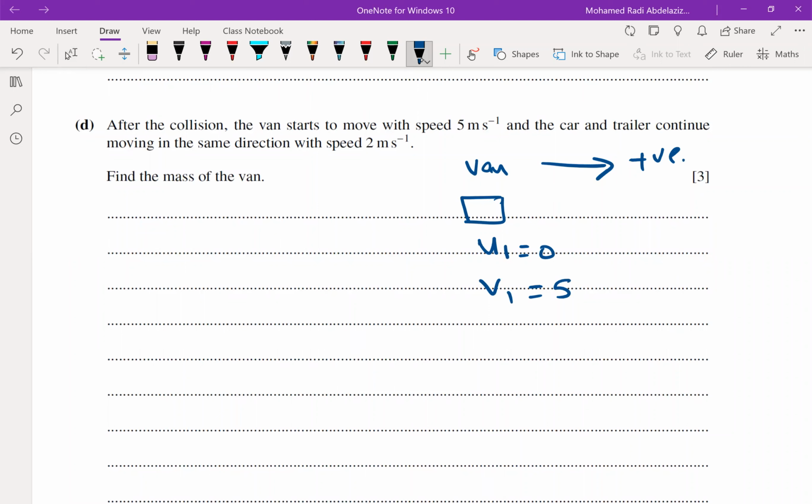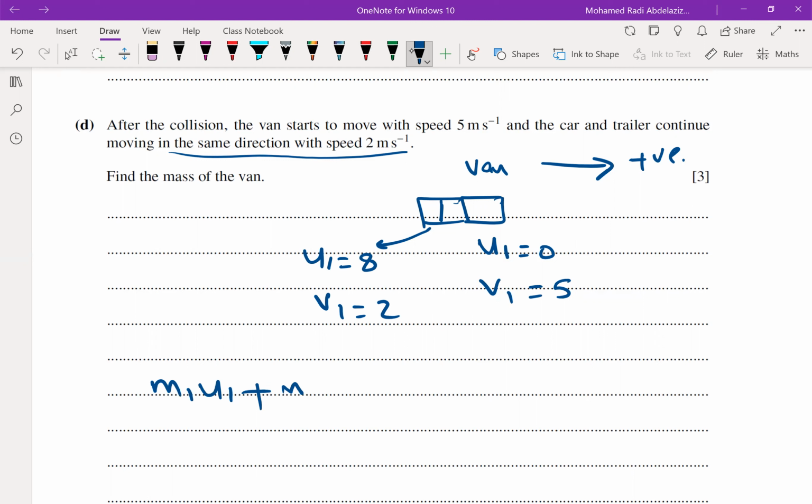And the car and the trailer, they hit it when initial velocity is 8, this is from part C. And the final velocity is given after the collision, moving in the same direction, so all are positive.